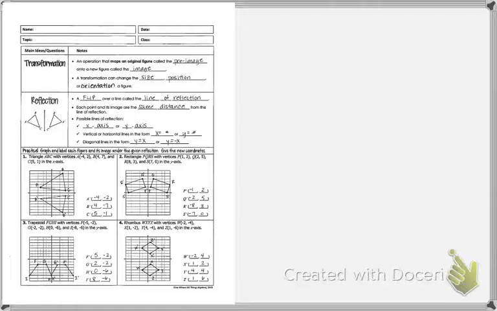Okay? Alright, so for reflection, there's several ways to reflect. One would be across the x-axis. That means the horizontal axis, you're going to reflect up and down. So if we reflect across the x-axis, I want you to pay attention to this.